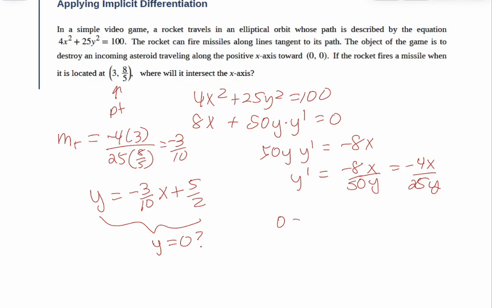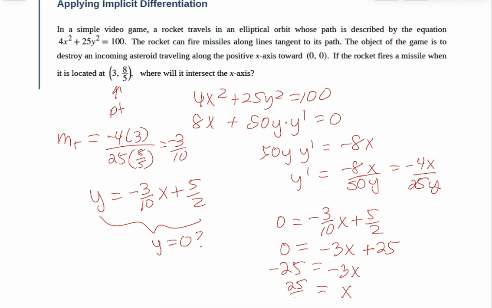So we're going to get 0 equals -3/10 x plus 5/2. Now, if I don't want to have to use a calculator, I like to multiply through by the common denominator of 10, which gives me 0 equals -3x plus 25. And then I can solve pretty quickly from there. So we get -25 equals -3x, and x equals 25 over 3.